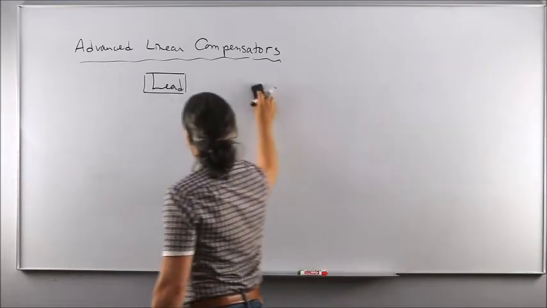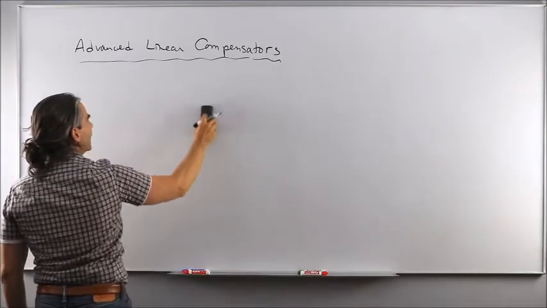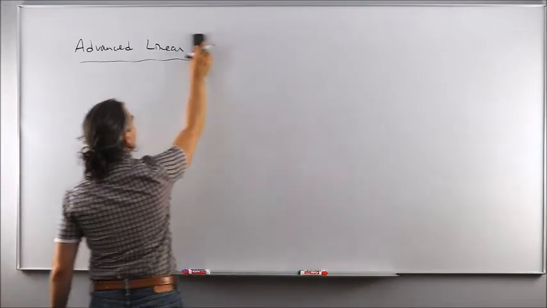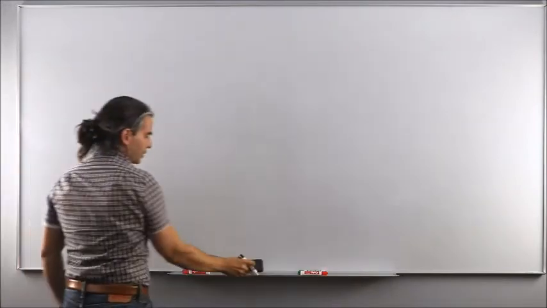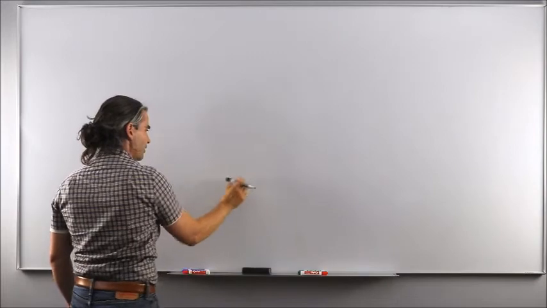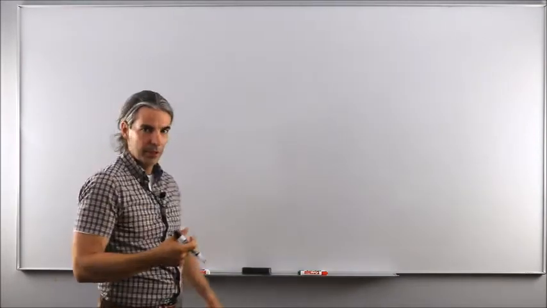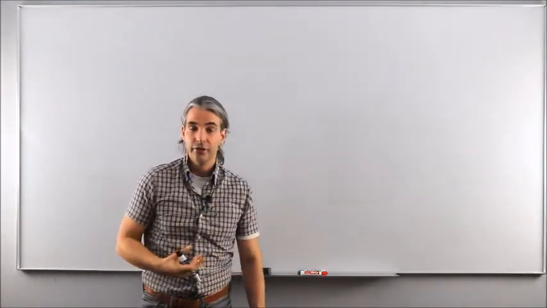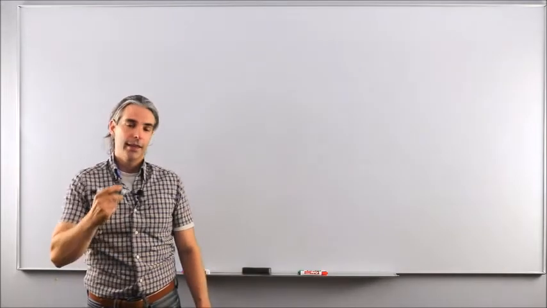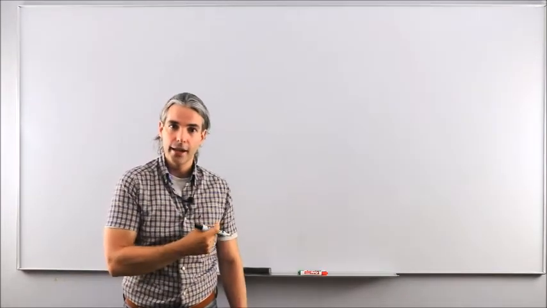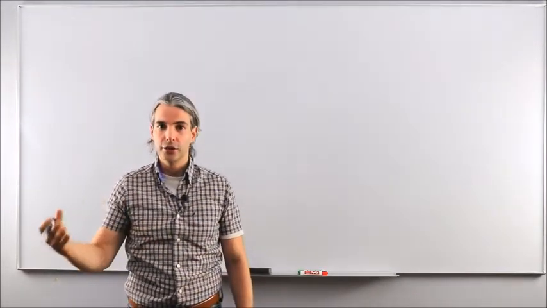For those of you who are already familiar with lead lag compensators, the calculation of the respective location for the zero and the pole of that specific compensator will be done through the phase condition, and the calculation of its gain, K, will be done through the magnitude condition.